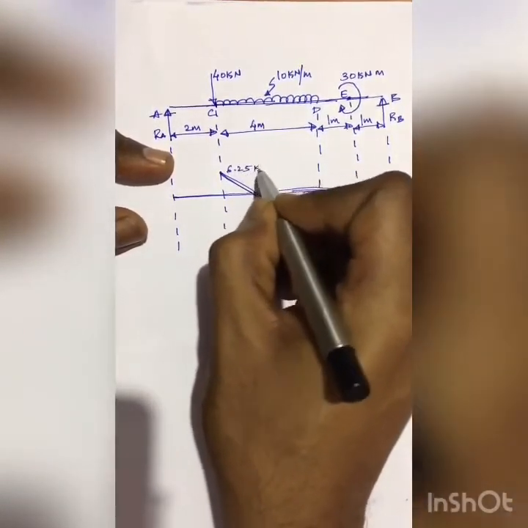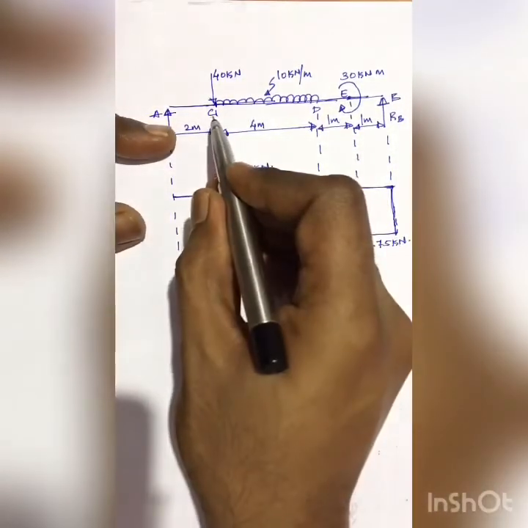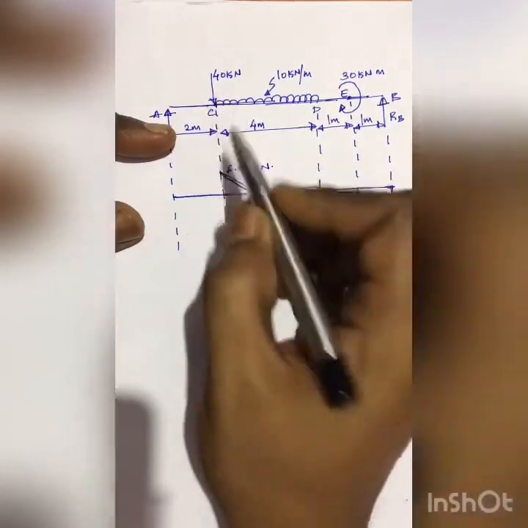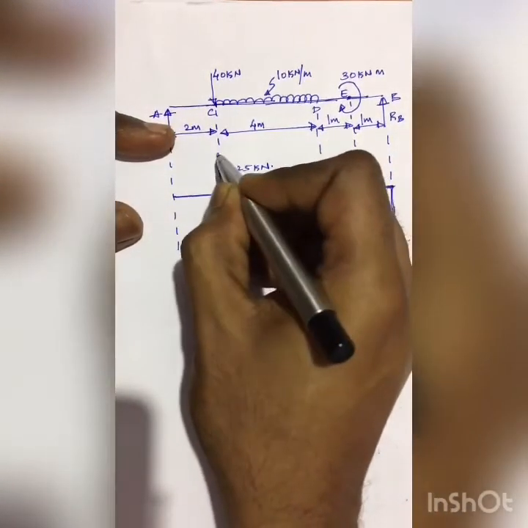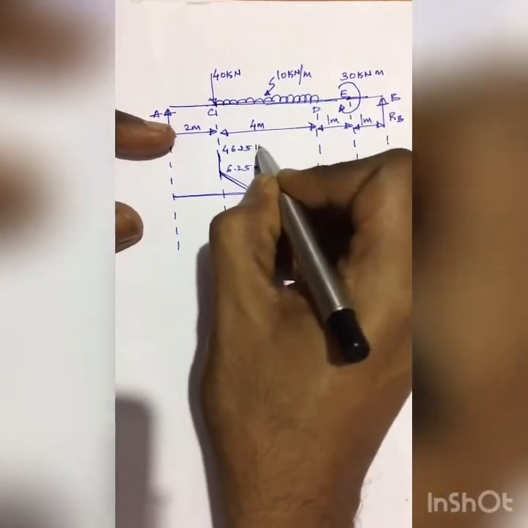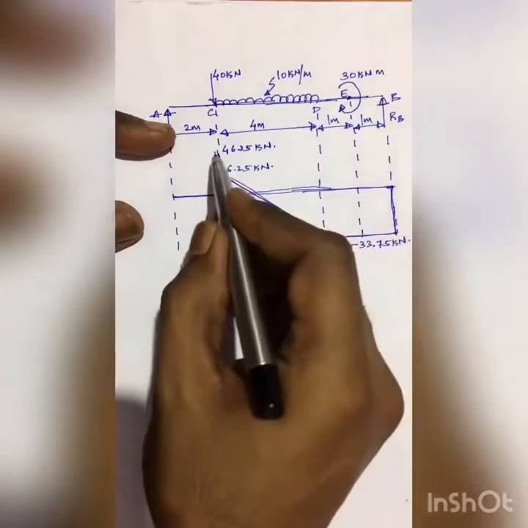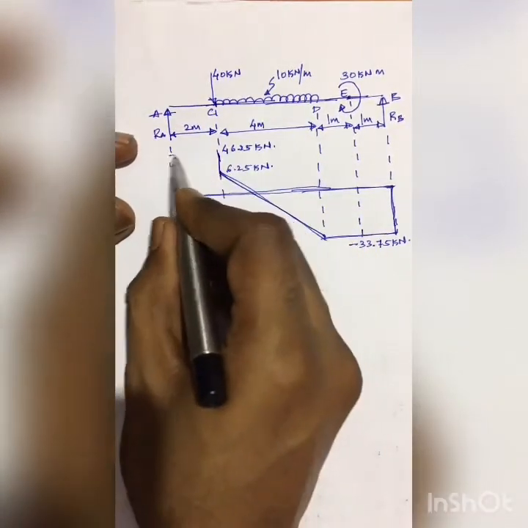Next, I found the shear force at C by considering this 40 kilonewton load, and I get this value as 46.25 kilonewton, and this will remain 46.25 kilonewton till point A. So it remains constant like this.